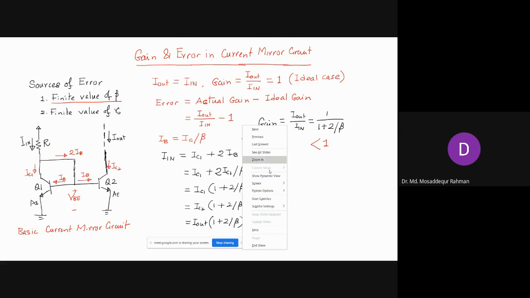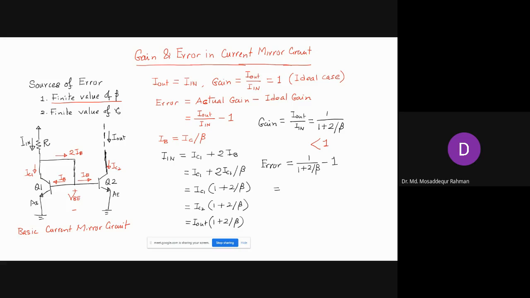So now what will be the error? The definition of error is the actual gain minus the ideal gain. So actual gain here is 1 by 1 plus 2 by beta, that is our actual gain, and minus the ideal gain, which is 1.